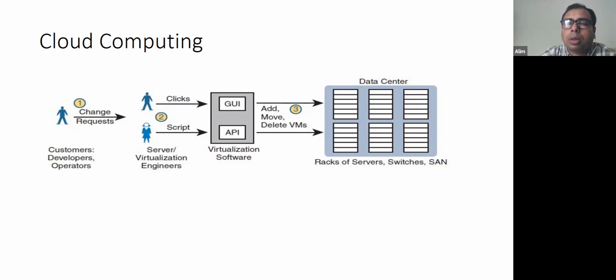If you are configuring one or two virtual machines and a network, you can use the GUI by clicking your mouse. But what would happen if you have to configure 200 servers for some organization, or different networking components?